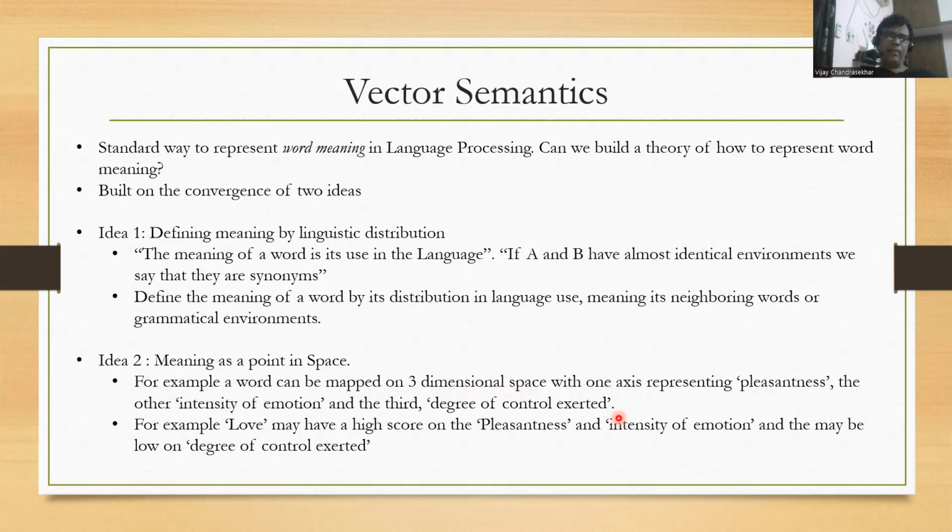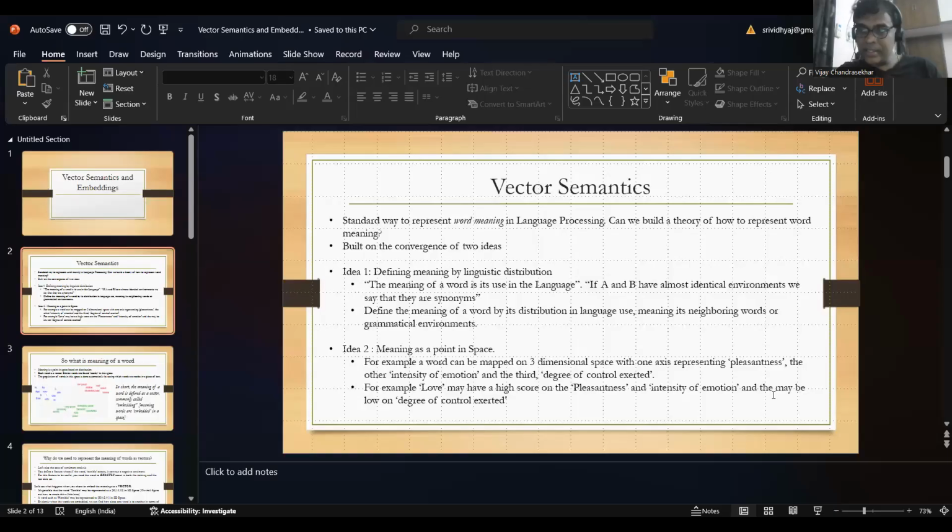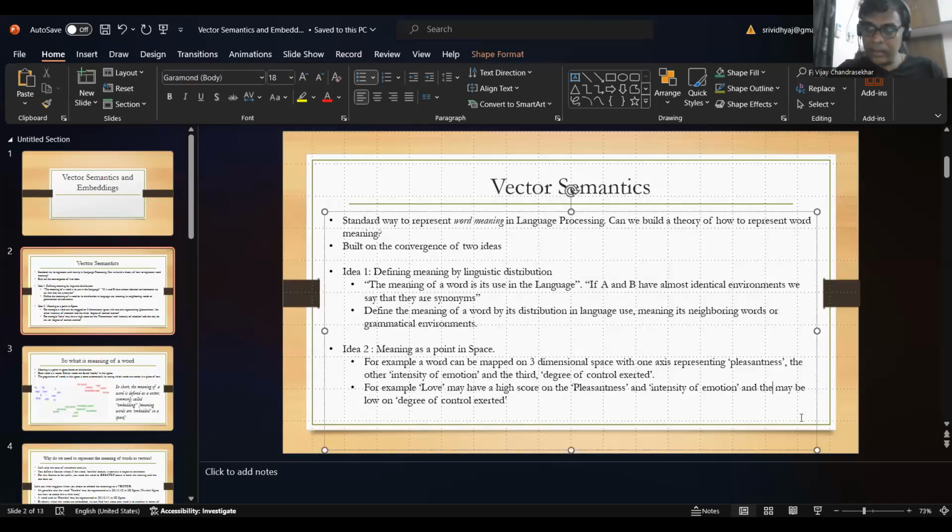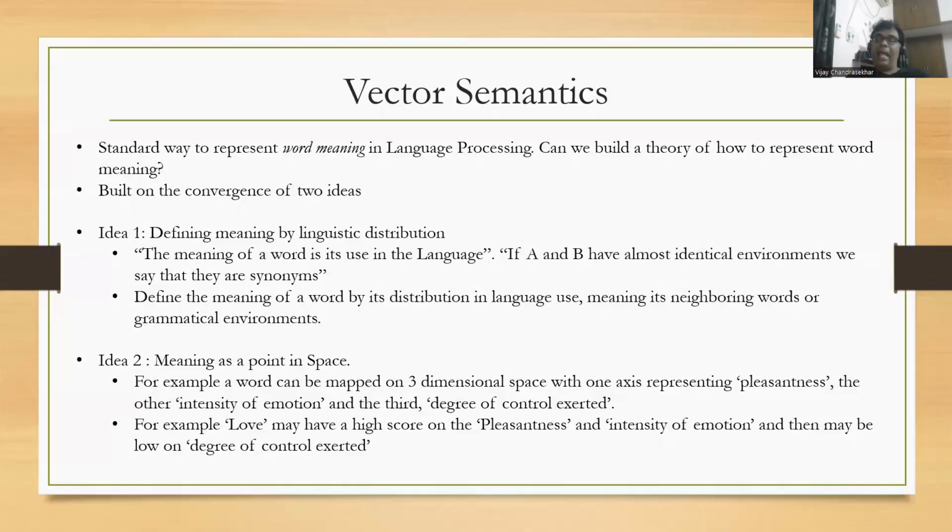Okay, so for example, love may have a high score on pleasantness and intensity of emotion, and then maybe low on degree of control exerted.